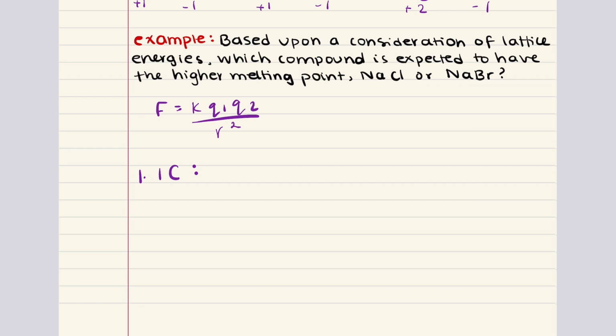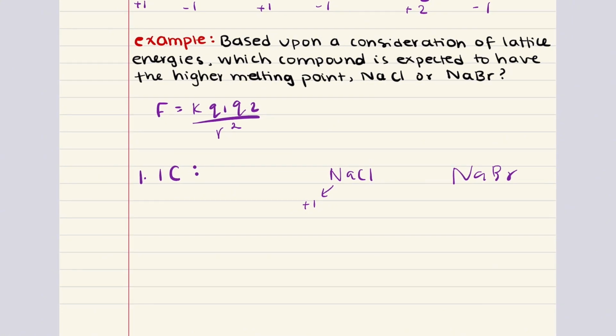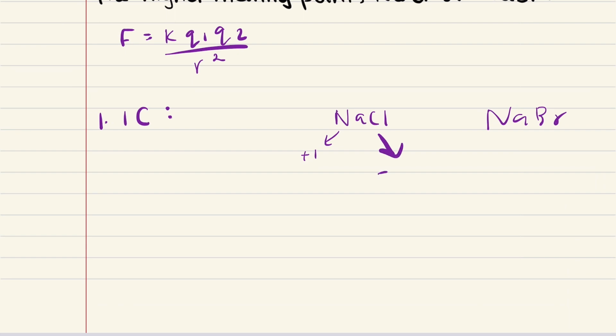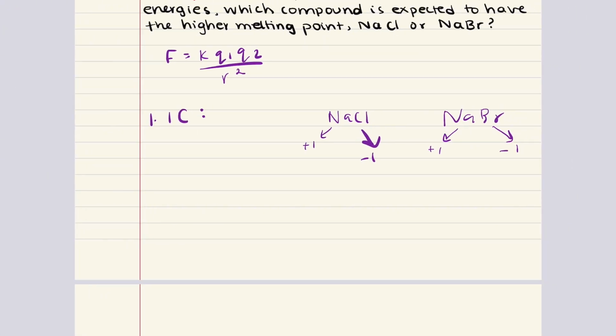Now we have sodium chloride and sodium bromide. Sodium chloride has a +1 charge associated with the sodium cation, -1 charge associated with the chloride anion. For sodium bromide, we have a +1 charge associated with the sodium cation, -1 charge for the bromide anion.